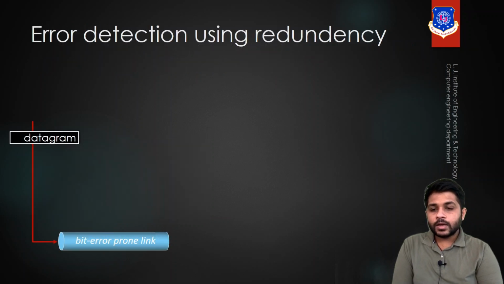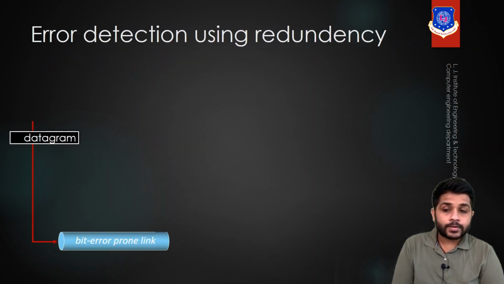Now let's see how the receiver can detect the error. The receiver can detect the error using the redundancy concept. So the question is, what is redundancy? Redundancy means that if the sender is sending any data, it will not send the data directly. Suppose the sender wants to send 8 bits of data. The sender will not send those 8 bits directly, but before that the sender will add some extra data to the original 8-bit data.